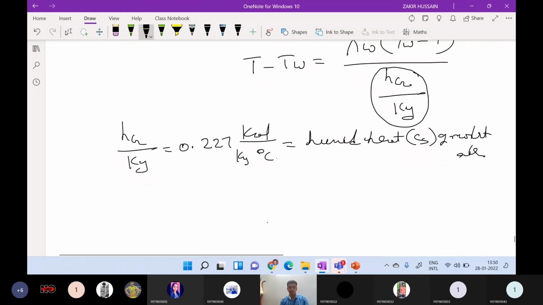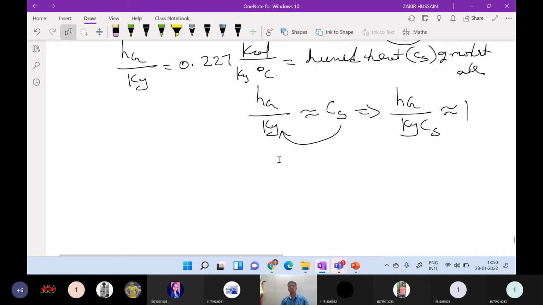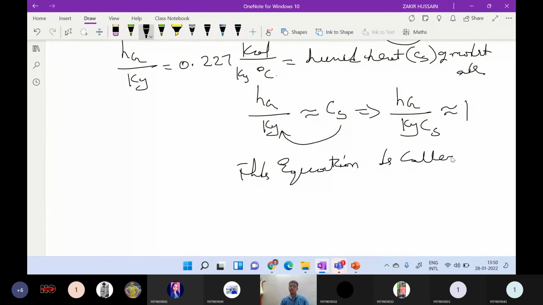So Hg by Ky is nearly equal to the humid heat of the moist air, Cs, which is nearly equal to 1. This equation is called the Lewis equation.